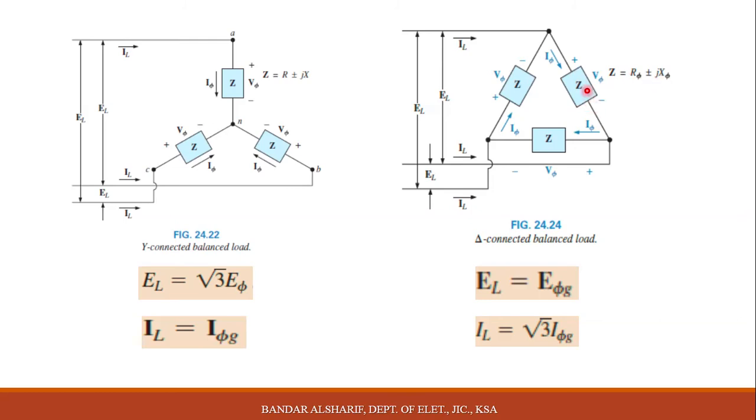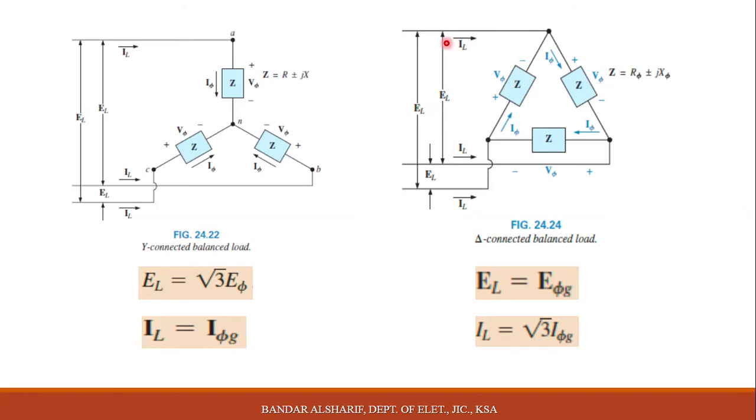Either series or parallel, similar to the Y connection. Later we will start talking about examples, and if we change the impedance, what will happen to the load, the current and voltage.